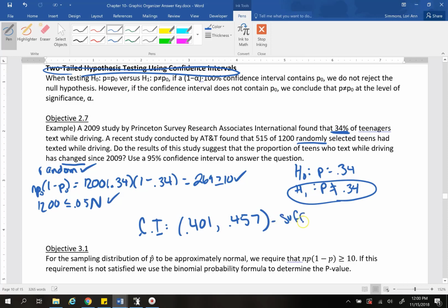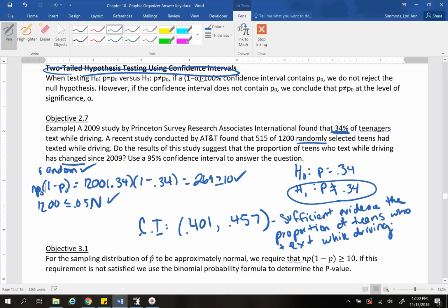So there's sufficient evidence the proportion of teens who text while driving has changed since 2009.